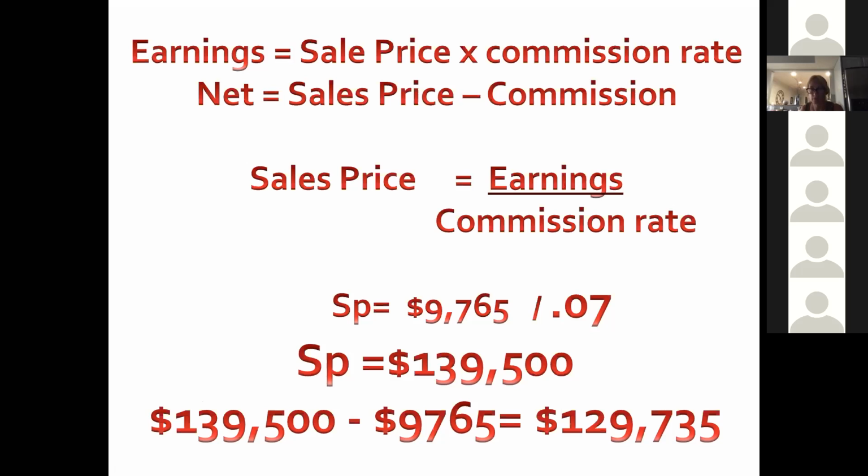So 139,500, and we're going to multiply it by 0.93 because the commission is 7%. That means the seller got 93%, and that gives us $129,735. So that's the answer we want to get. And you want to double check your answers because sometimes it's easy to catch these simple mistakes.